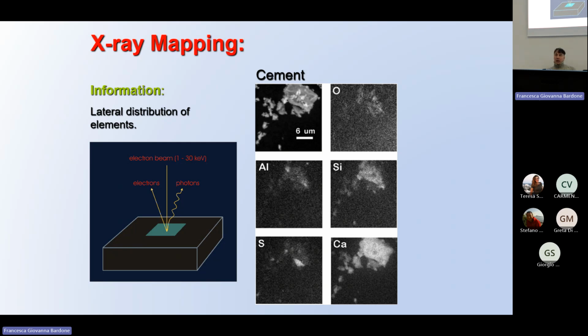Yeah. I have all the standards for all elements. And it depends also on the matrix. If you are working with biological material, we should prepare standards with a biological matrix. If you are looking at calcium in carbonates, you should have standards of carbonates.